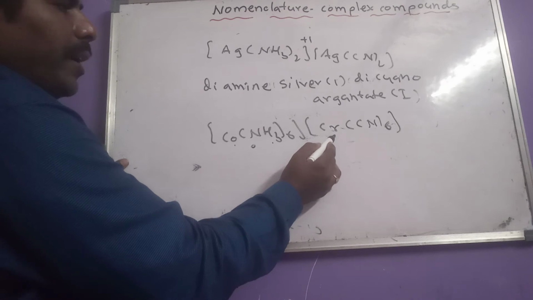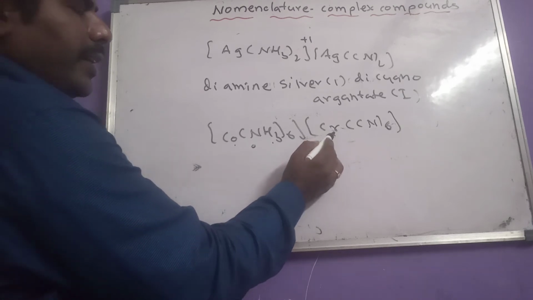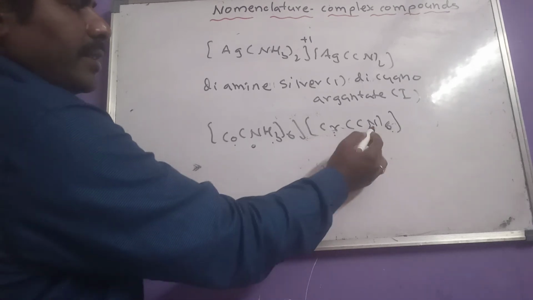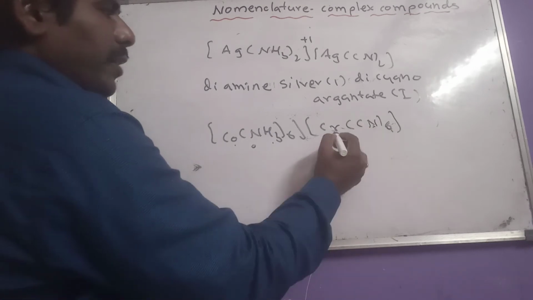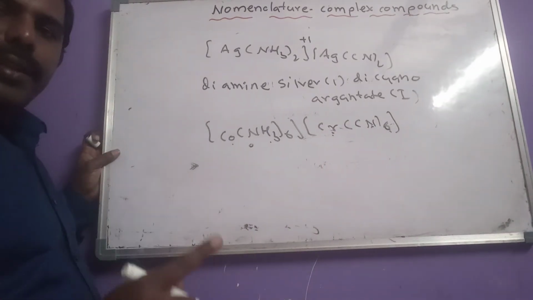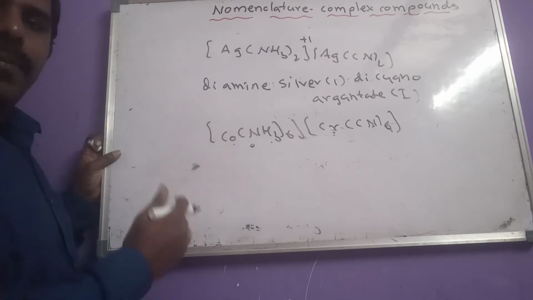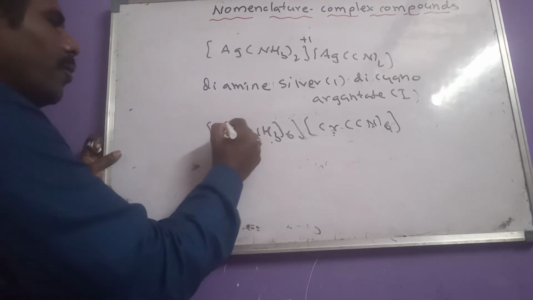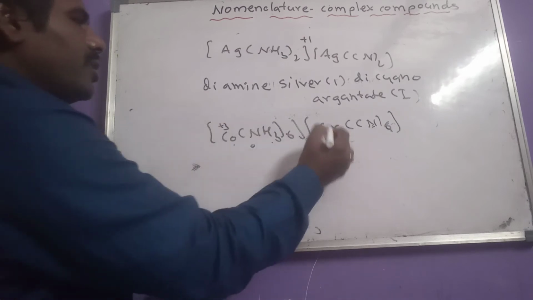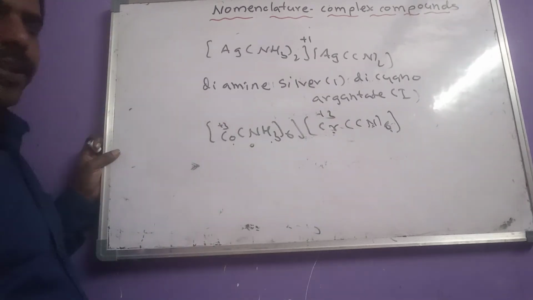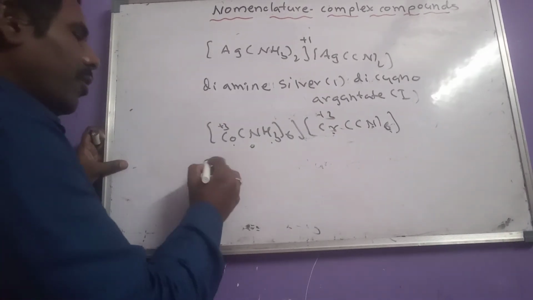But for chromium, let the oxidation number be X; 6 cyanide ions are there, meaning the total is +6 oxidation number. Now share it between the 2 central metal ions. Now this cobalt will get +3 charge, and chromium also gets +3 charge. Now what is its name?